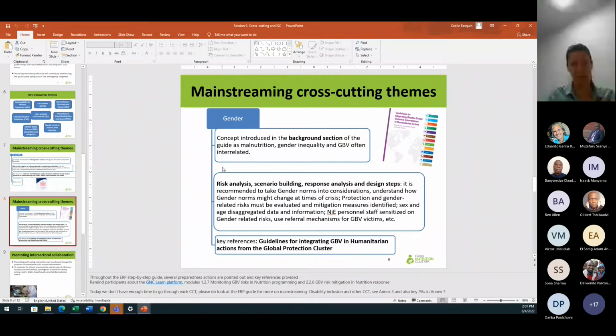So on gender, you'll find a lot from these beautiful guidelines from the protection cluster, the guidelines on integrating gender-based violence interventions within other sectors for humanitarian actions.